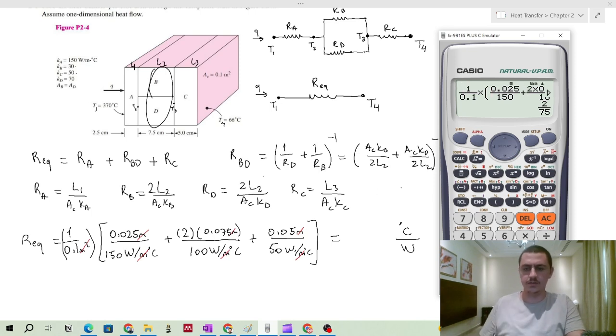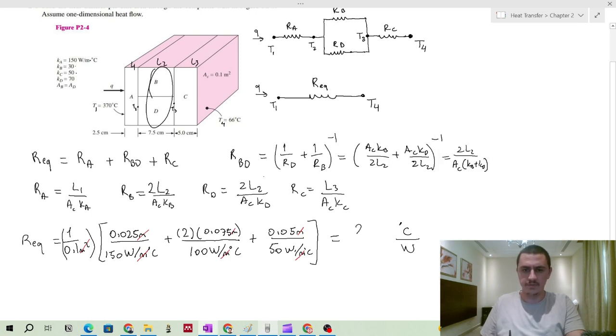I think that's all. So okay, we can actually show it like this: 2 over 75. 2 over 75 degrees of Celsius per watt. Okay, our R equivalent will be equal to that value.